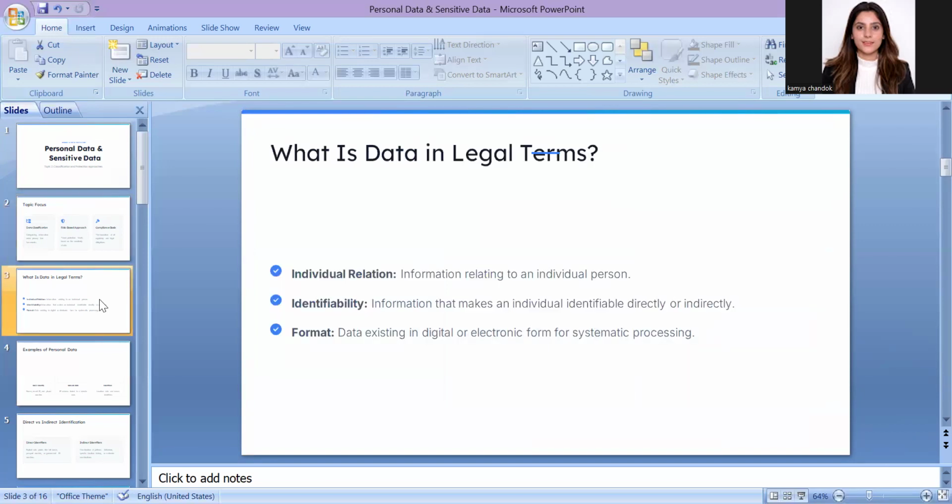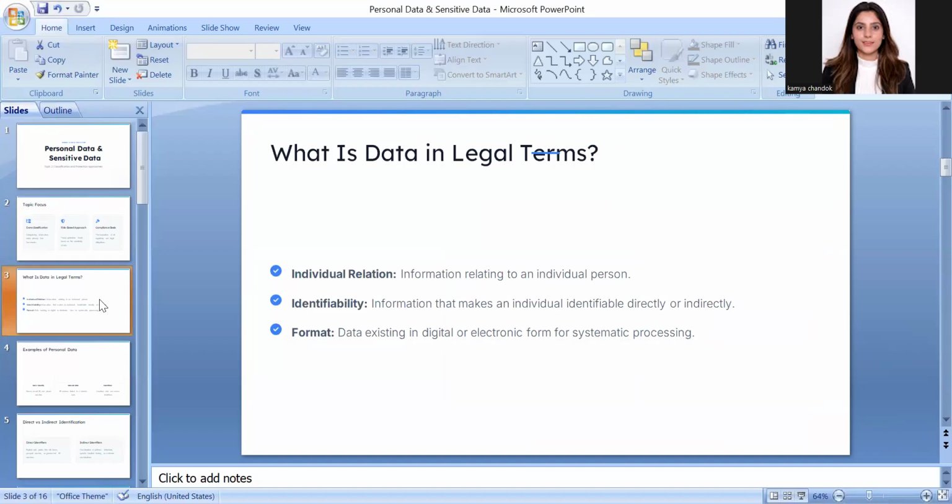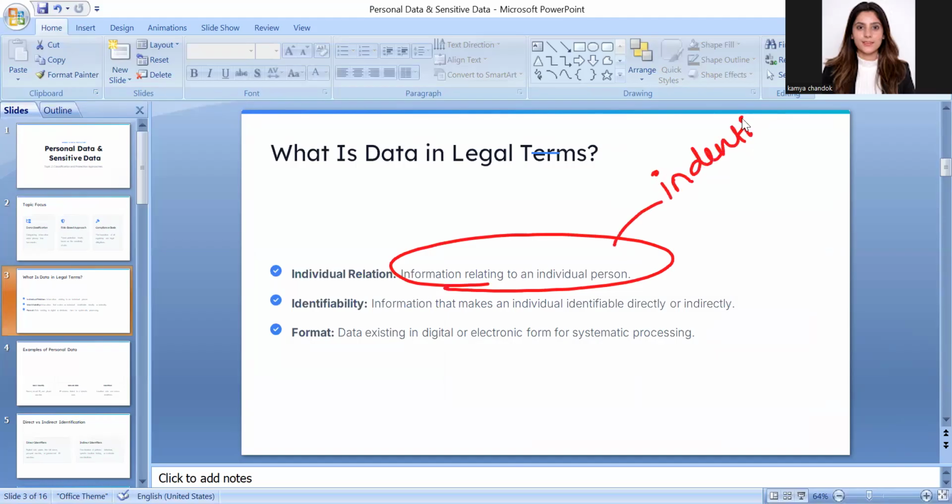Okay, so let's start with the very basics: what is data in legal terms? I hope we are aware at this point that in law, data is not just any information, correct? Data, in a legal aspect, means information related to an identifiable individual. It should be related to an individual that is identifiable. This is the category it should match.